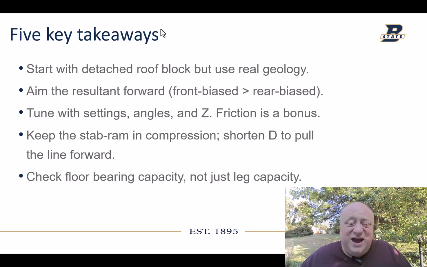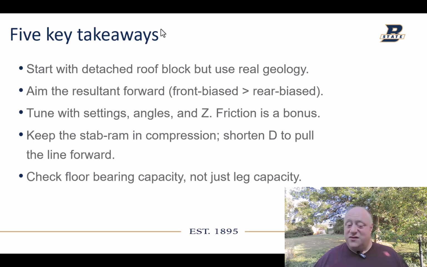In your design, we can't control all of the variables. But for the ones we can, we need to aim for the resultant force to be located in front of or in line with the shield legs. It's better to have a front bias than a rear bias. You can tune this with some of the settings, including set pressure, because that's going to change your friction.